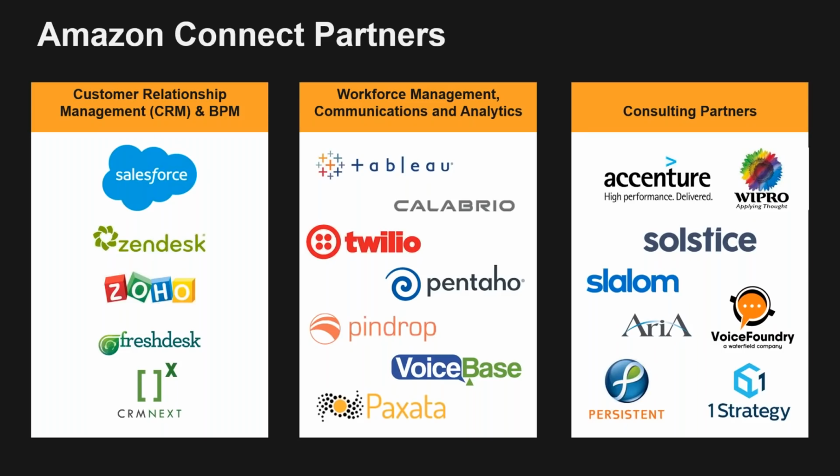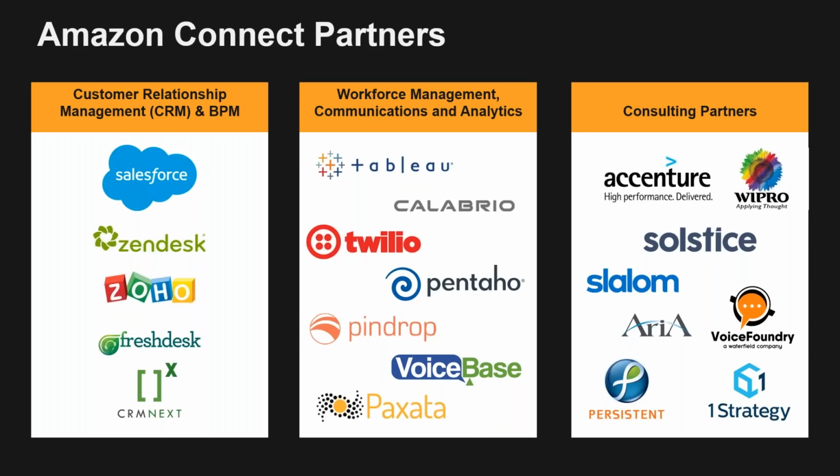So having an integration to market-leading CRMs offers the ability to very quickly enrich your agent experience by connecting the Amazon Connect contact control panel to the CRM you're using, or even a custom application. These are some of the partners that we announced at launch. This is constantly evolving, so please visit aws.amazon.com/connect to see our updated list.